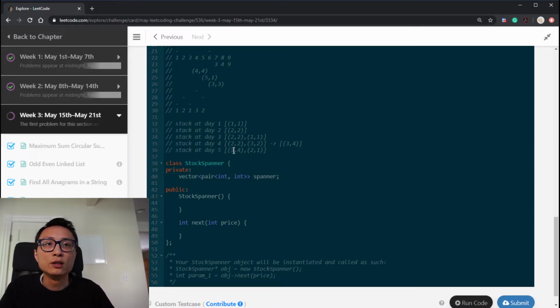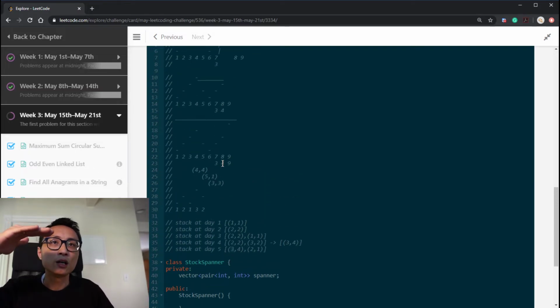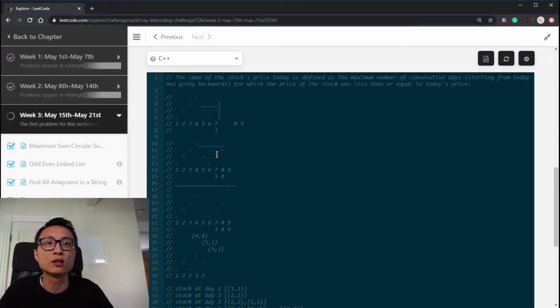The first is the horizontal line that the current day's price is going to set, and the second element is the number of days that's below that line towards the left before we find something that's even higher.